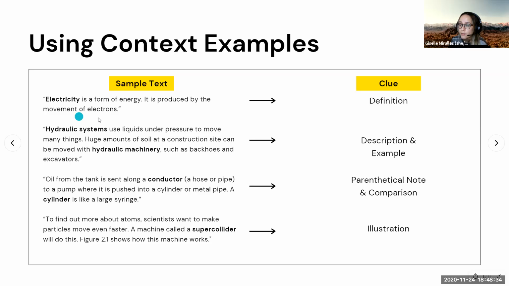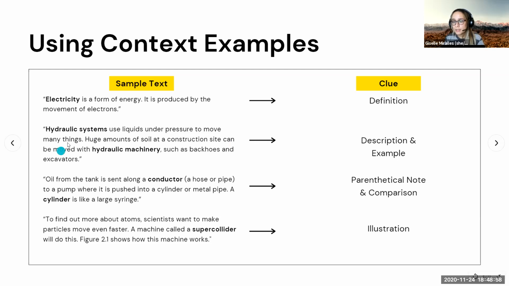It is produced by the movement of electrons. It's already being defined for me. So the context clue that's being used here is definition. And if I were reading through this, I would put that in my annotations on the side and I would write definition because this is what this sample text is. And it's already defining the word for me. There's no need for me to look it up.